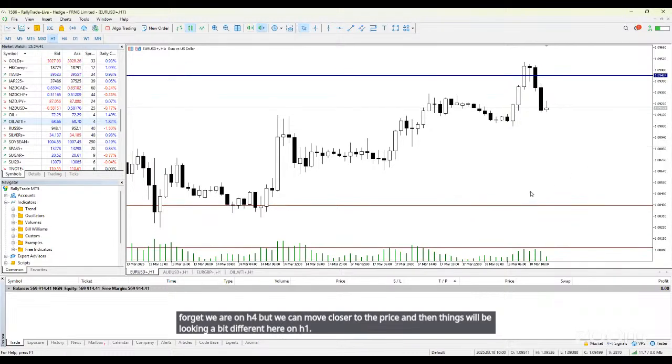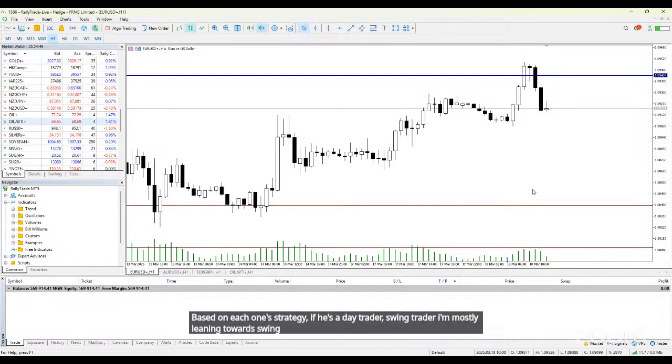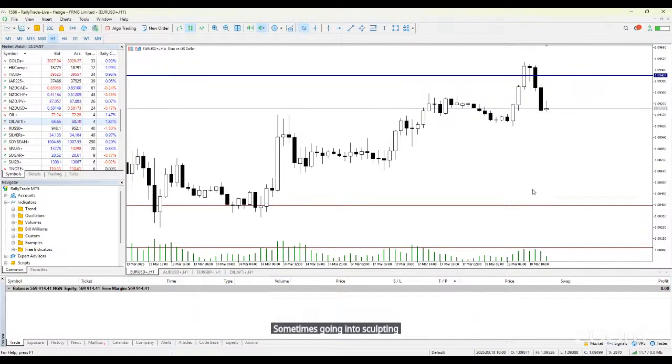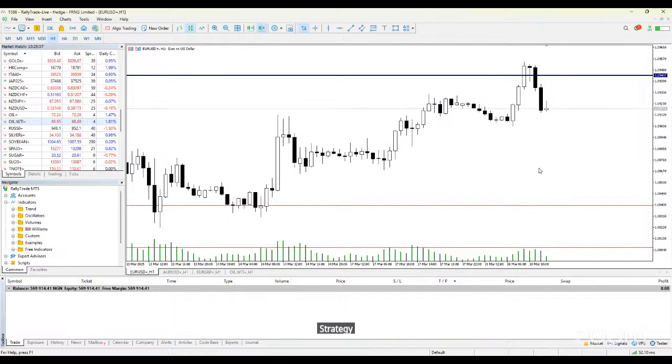Based on each strategy, if he's a day trader or swing trader, I'm mostly leaning towards swing trading, but I also have an affinity for day trading and short-term trading. Sometimes going into scalping, but scalping is also something you need to take time to learn and be present in the market to react very fast and to have a very good money management system and entry strategy, technical analysis entries, I mean.